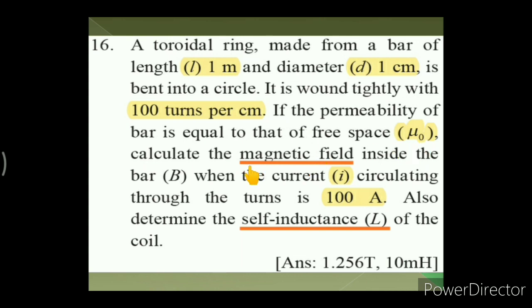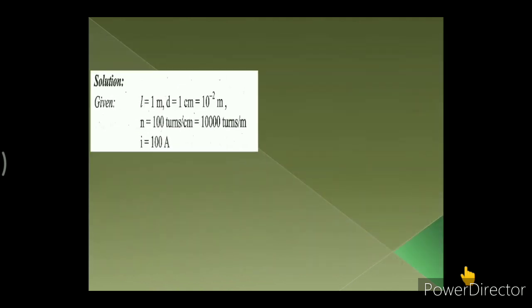Then here we have to calculate the magnetic field inside the bar when the current circulating through the turns is 100 ampere. And also we have to determine the self-inductance L of the coil. Now let's see the solution. As it is given, the length of the bar L is 1 meter.